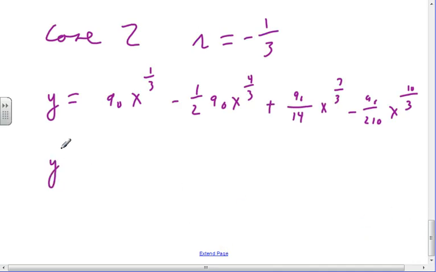Okay, y prime is 1/3 a0 x to the minus 2/3 minus 2/3. Really? Yeah, I guess so.